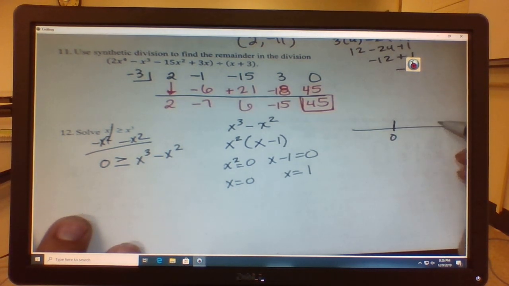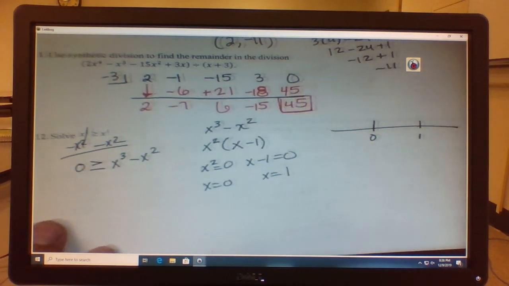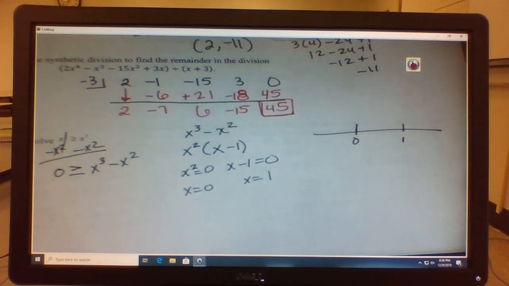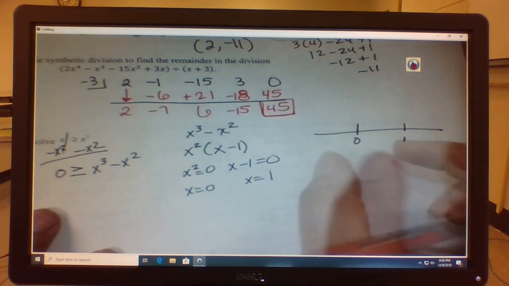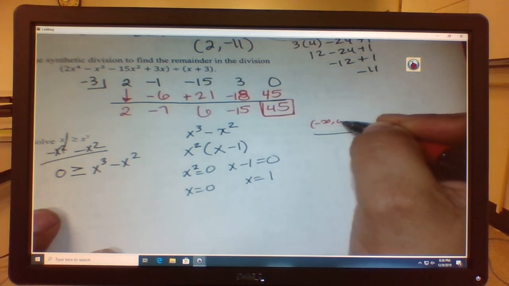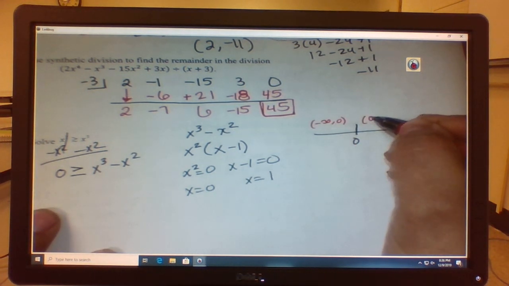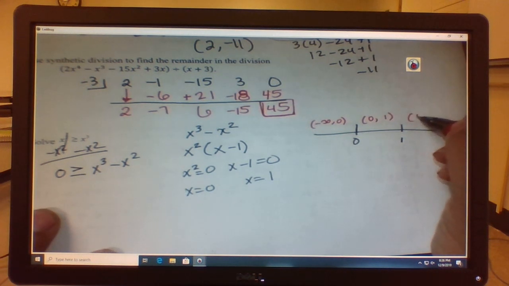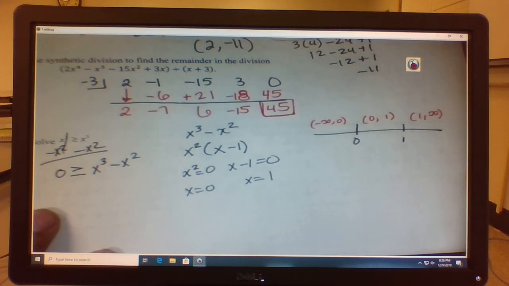Number line: 0 and 1. So if my answer is true between here and here, it is true between negative infinity and 0, or between 0 and 1, or between 1 and positive infinity. And this is where we had to pick test points.